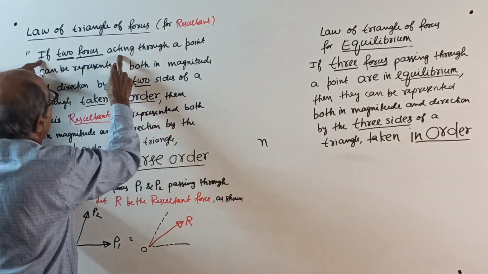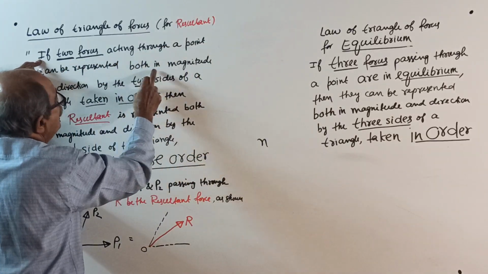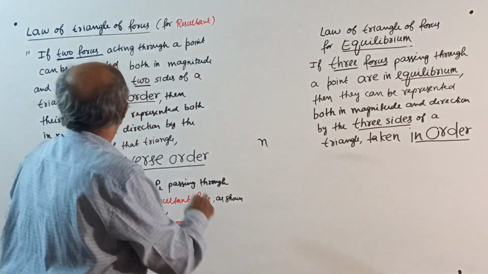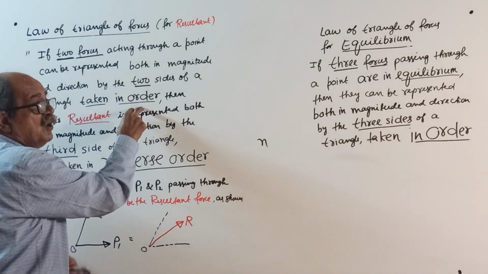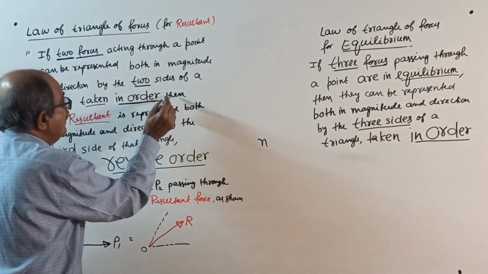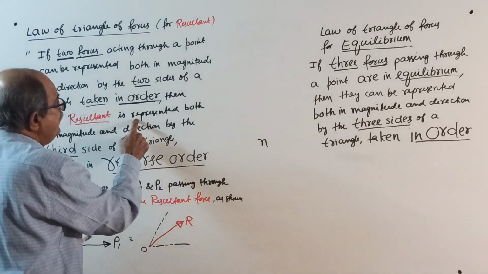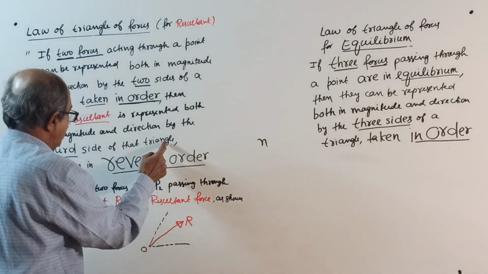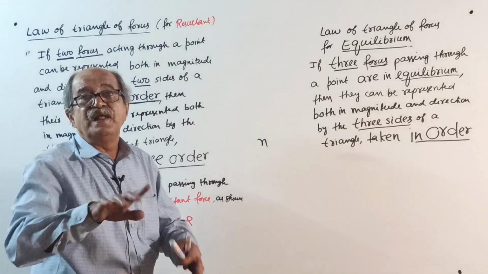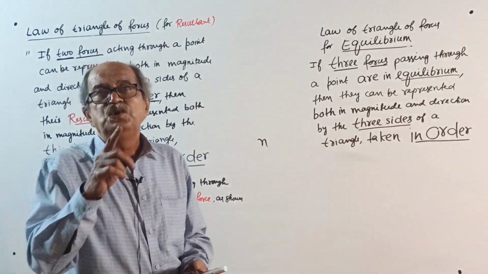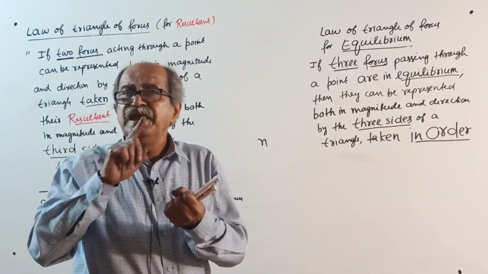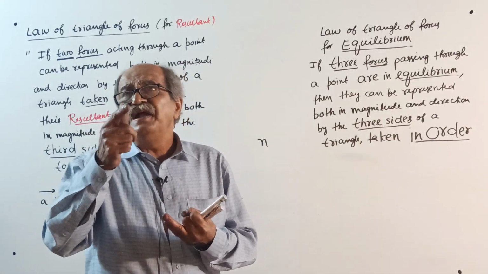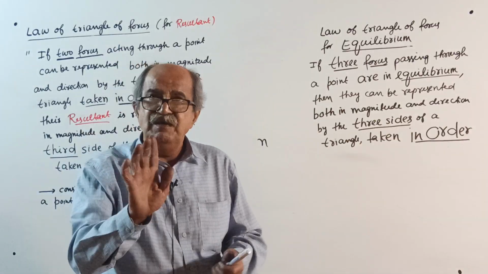If two forces acting through a point can be represented both in magnitude and direction by the two sides of a triangle taken in order, very important, see, taken in order, then the resultant is represented both in magnitude and direction by the third side of the triangle taken in reverse order. Very, very important. Two sides you should take in order for the two forces, P1, P2. Then resultant is not same order, reverse order. I will explain that one.